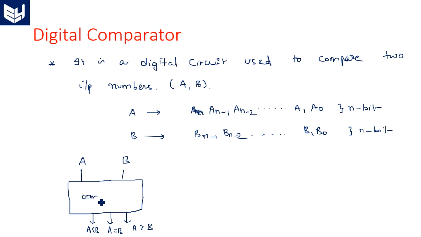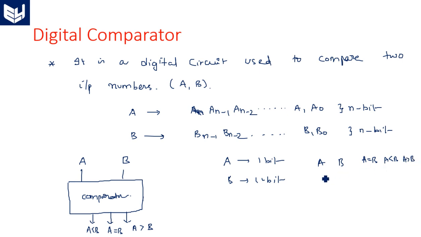Okay, it is a comparator. Suppose a is a single bit number and b is also a single bit number, then the outputs are a equal to b, a less than b and a greater than b.